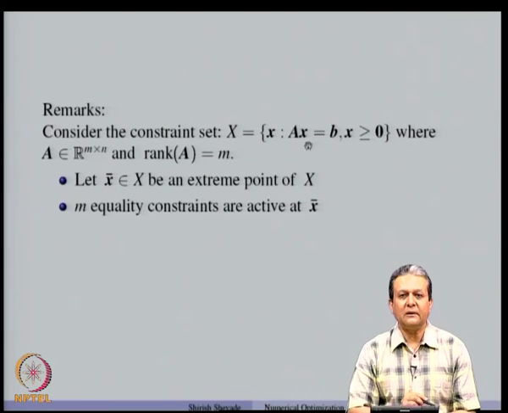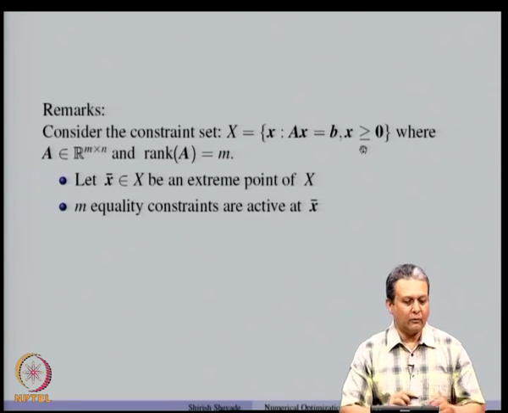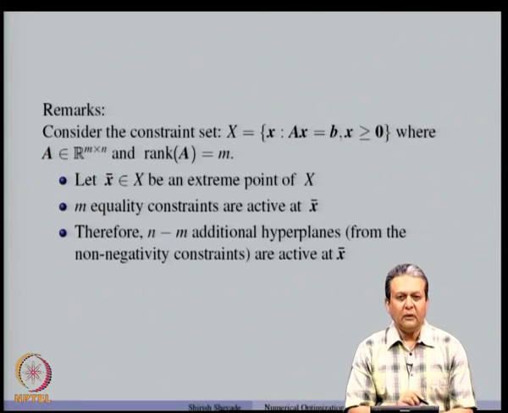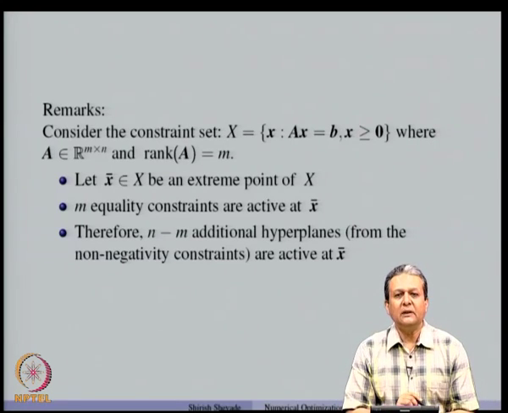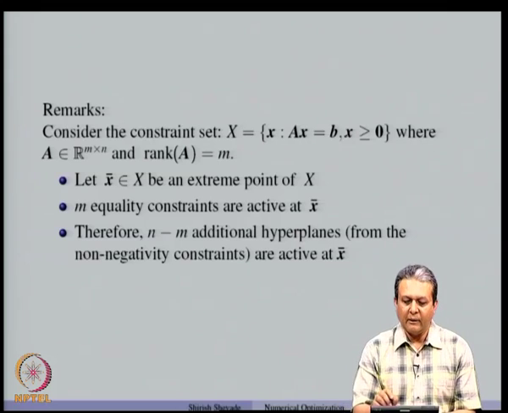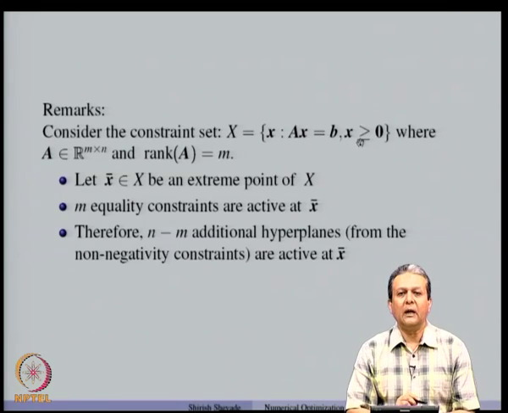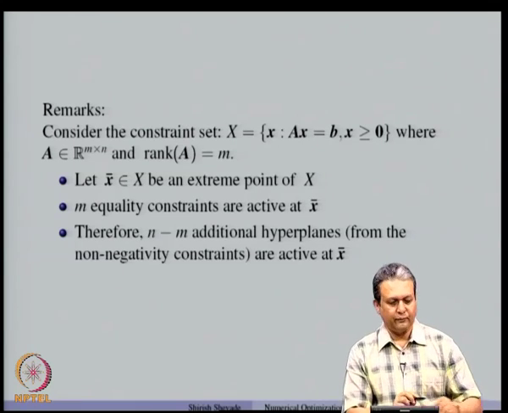So, the remaining n minus m active constraints come from this part x greater than or equal to 0. So, that is n minus m additional hyperplanes coming from x greater than or equal to 0 are active at x bar. So, out of n constraints which are represented by x greater than or equal to 0, n minus m are active. That means that corresponding to those variables, the value of x is 0.